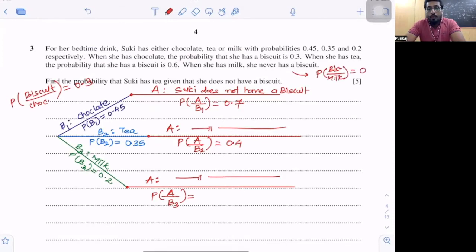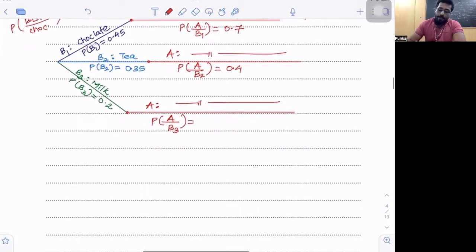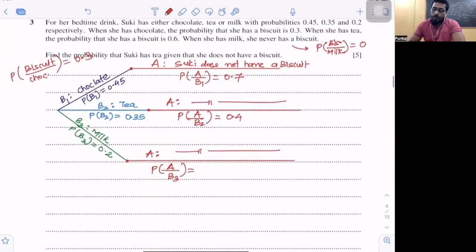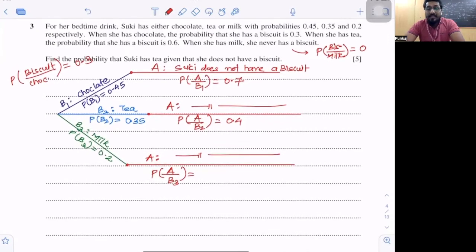So what's the probability of not having a biscuit? So she never has a biscuit, right? That means probability of having a biscuit when she has taken milk is 0. Then probability of not having a biscuit is going to be 1, right? If Suki takes milk, then what's the probability of having a biscuit?